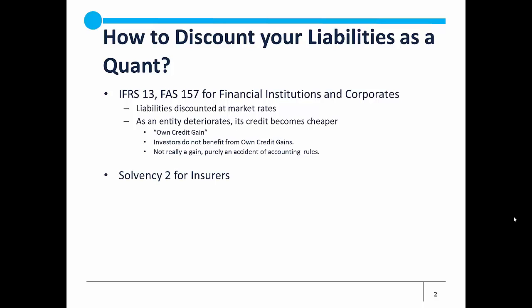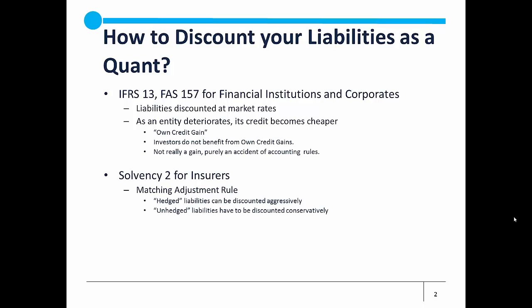Another set of regulations where liability discounting is treated directly is Solvency II for insurers, and specifically something called the matching adjustment rule. Under the matching adjustment rule, if a liability cash flow is closely matched to some asset cash flow, and closely matched means closely matched in timing, in currency, etc., then it can be discounted pretty aggressively.